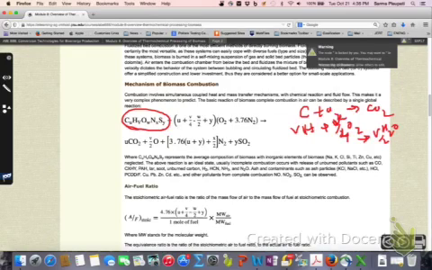Now, we can do this stoichiometry for all these elements. Sulfur also burns and forms sulfur dioxide, so S plus O2 goes to SO2. One mole of sulfur requires 1 mole of oxygen, so Y moles requires Y moles.